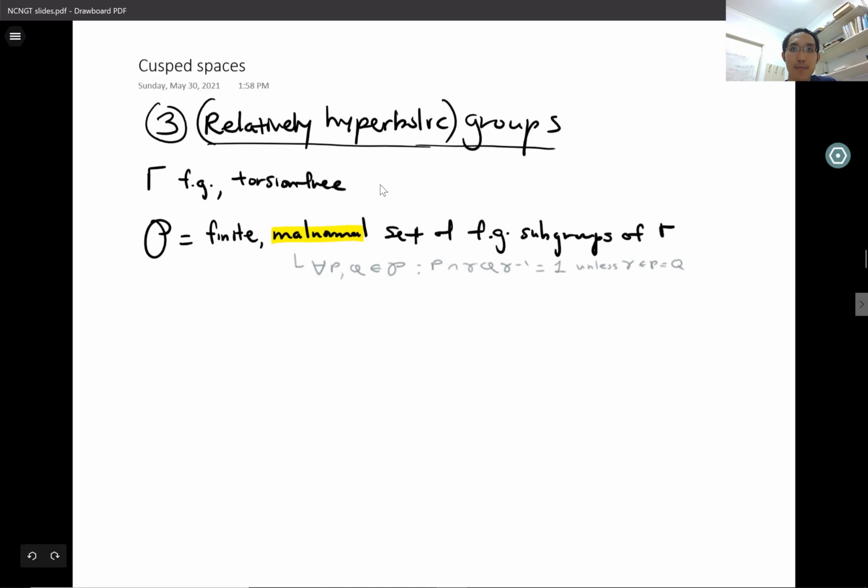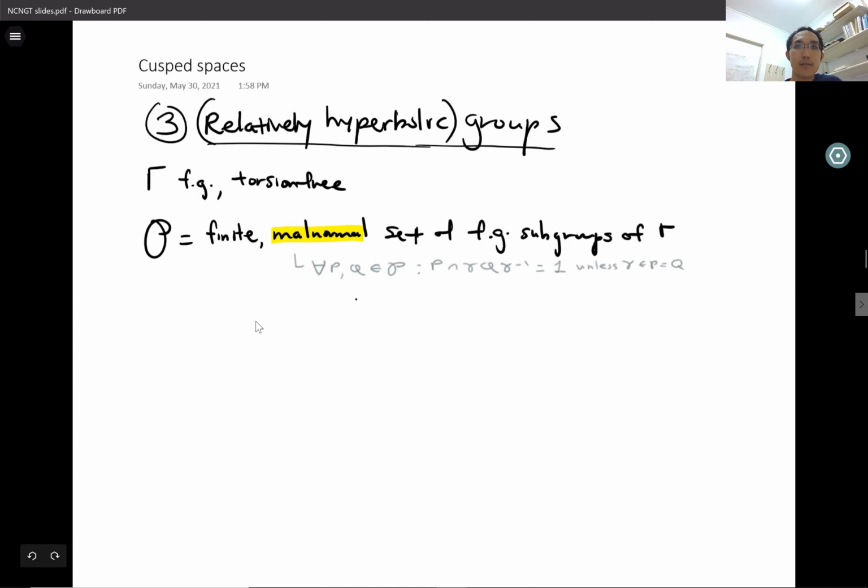More precisely, suppose gamma is a finitely generated and torsion-free group. And again, the torsion-free assumption is not essential, but it helps make things less technical. Curly P is going to be a finite malnormal collection of finitely generated subgroups of gamma. And here malnormal means that any two distinct conjugates of subgroups in P intersect only in the trivial subgroup.